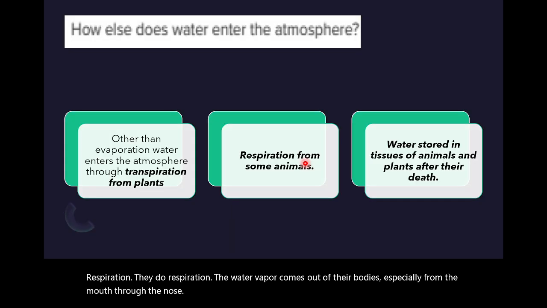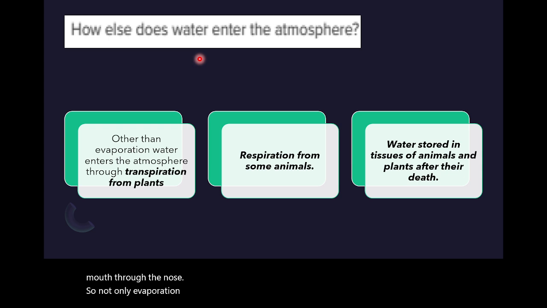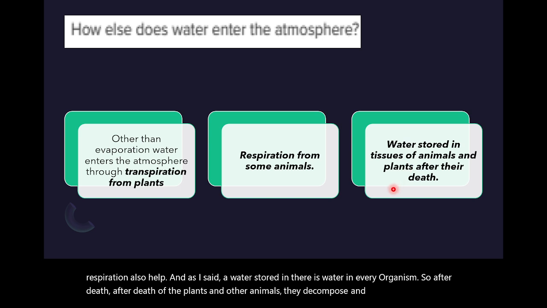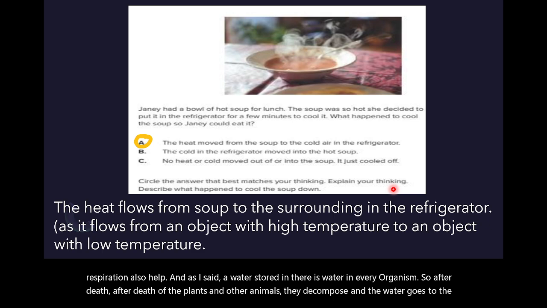So not only evaporation helps water to enter the atmosphere, but transpiration and respiration also help. And as I said, there is water in every organism. So after death of the plants and other animals, they decompose and the water goes to the atmosphere.